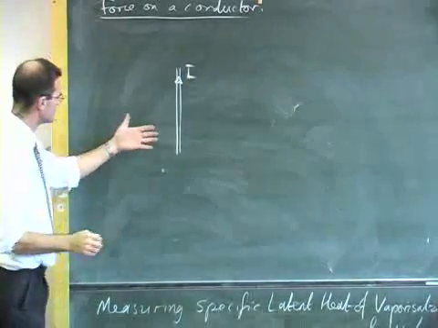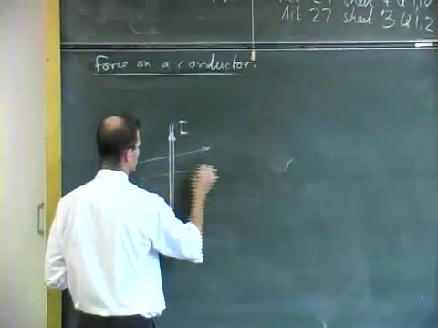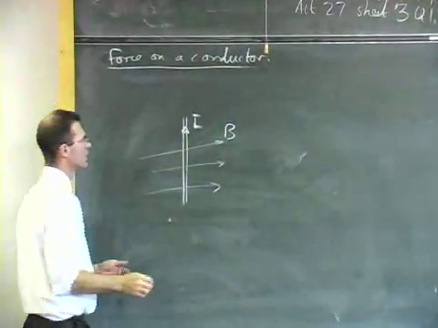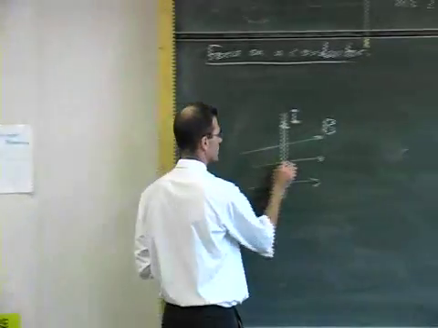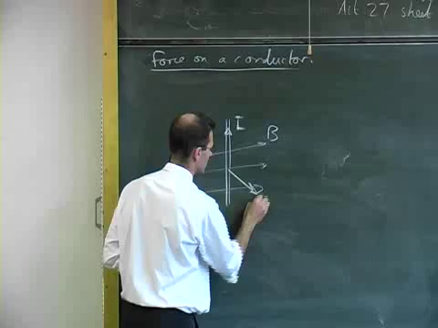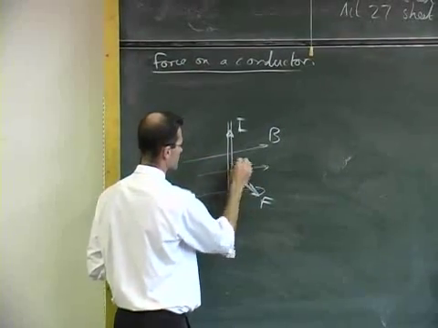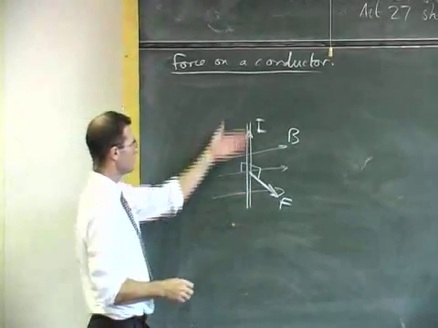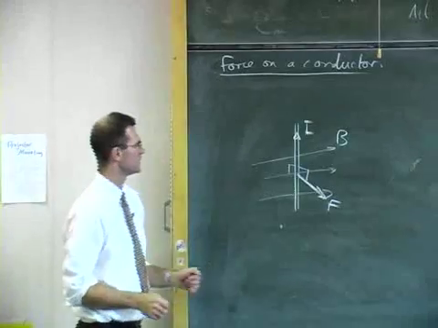If the magnetic field lines are running through like that, so that's B, magnetic field. If they're arranged at 90 degrees to each other, the force will come out F at 90 degrees to all 3, to the other 2. So current perpendicular to the field, force perpendicular to the current and to the field.